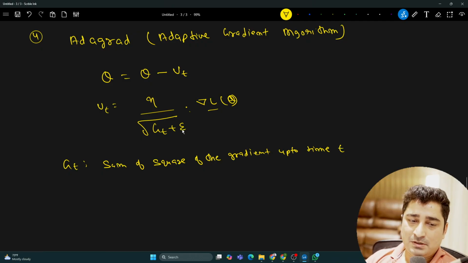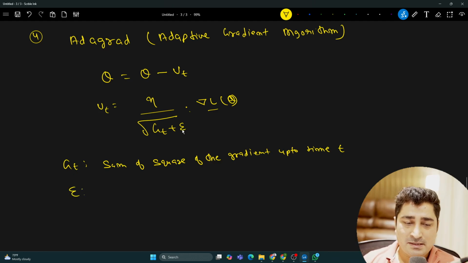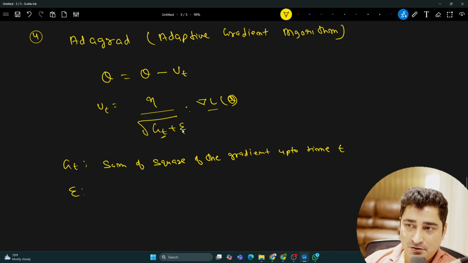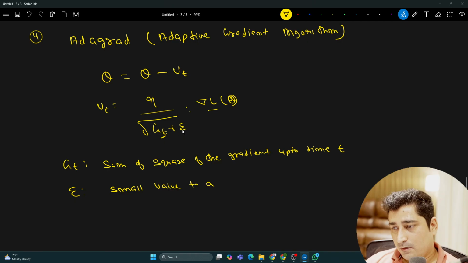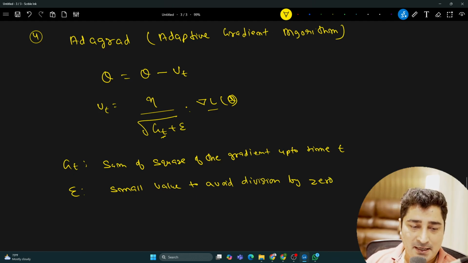And epsilon is a constant, a small value to avoid division by 0. If this is going to be 0, let's suppose for the first time, in that case we don't want to divide by 0. That's the reason people have introduced epsilon over here. Yeah, so this is called Adagrad, by the way.